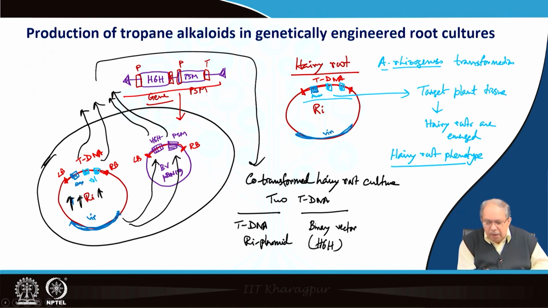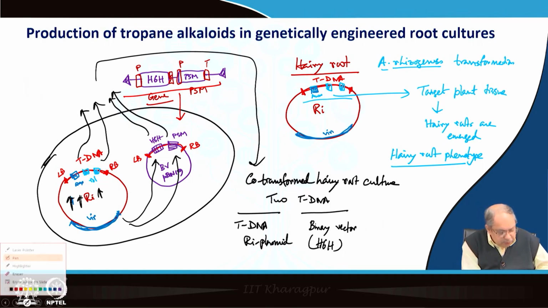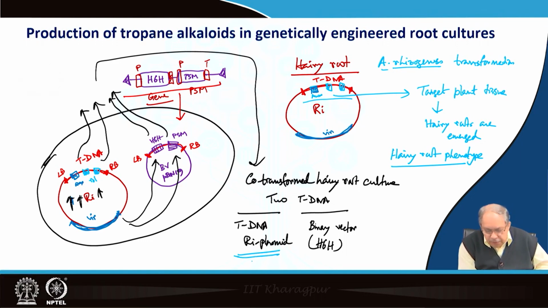So, what is happening here is that this tDNA, the left one, is responsible for the hairy root phenotype and this is responsible for the H6H gene in the hairy root.